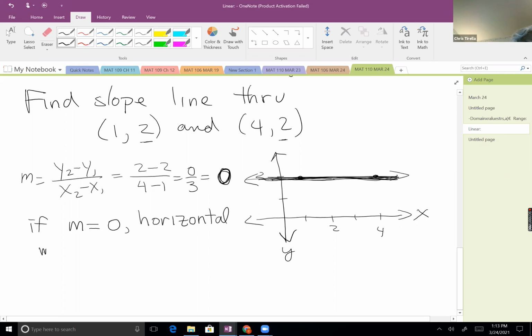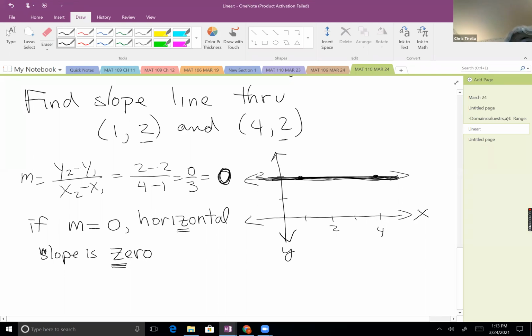I'm going to write that if slope is 0, line is horizontal. And one way I've seen of remembering that is that 0 starts with Z and horizontal has a Z in it.